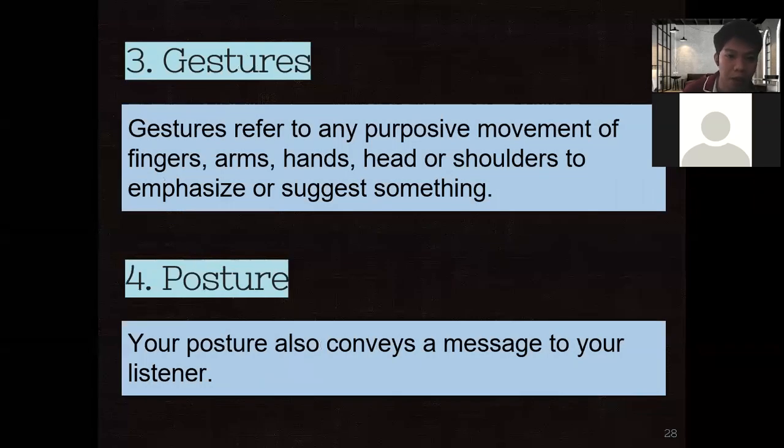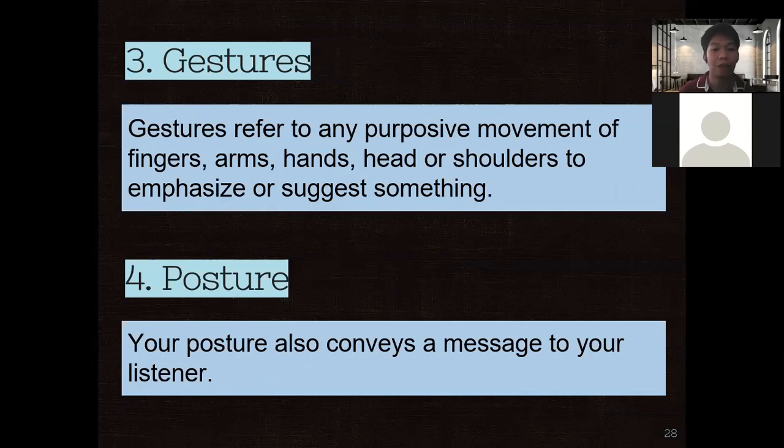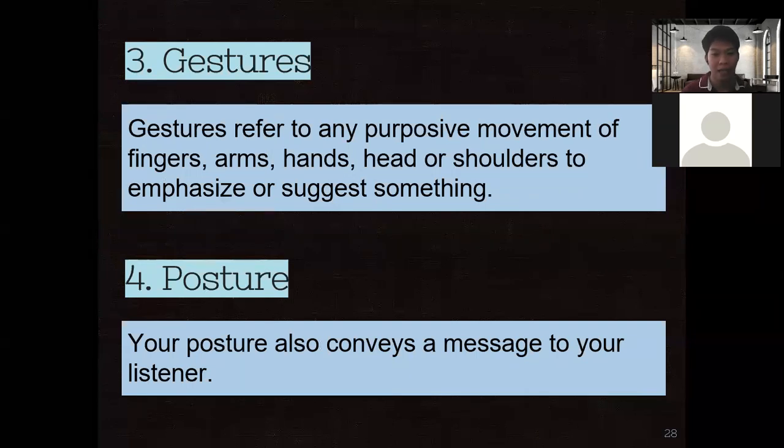Next one is gestures. Gestures refer to any purposive movement of fingers, arms, hands, head, or shoulders to emphasize or suggest something. So gestures are the movements of your body, like the fingers, the arms, hands, anything that could be used in order to convey something.